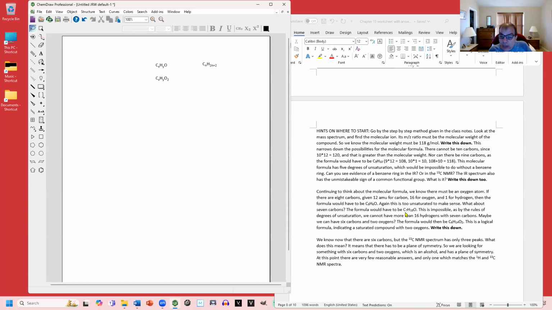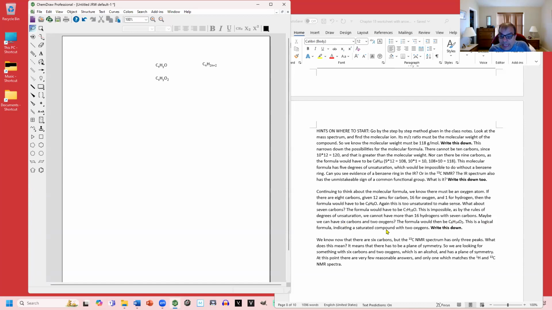So it looks like we're running out of options with just one oxygen. What if instead of 7 carbons and 1 oxygen, we tried 6 carbons and 2 oxygens? We would wind up with C6H14O2. That adds up to 118. 6 times 12 for the 6 carbons is 72, plus 14 for the 14 hydrogens is 86, plus 32 for the 2 oxygens is 118. So that adds up to the required molecular weight.